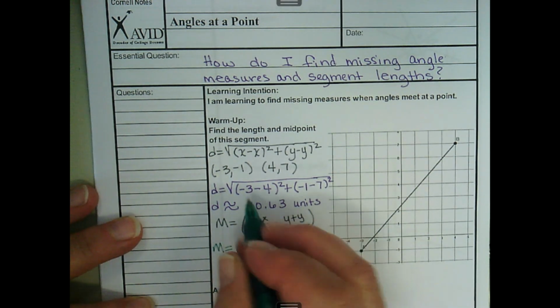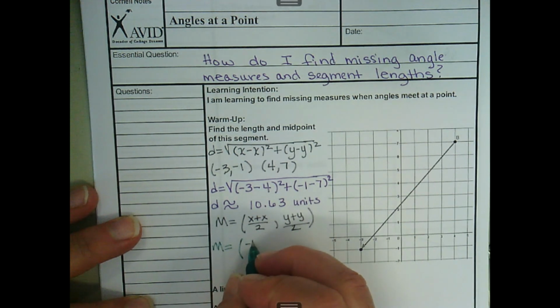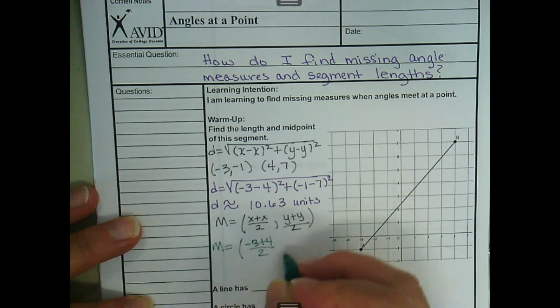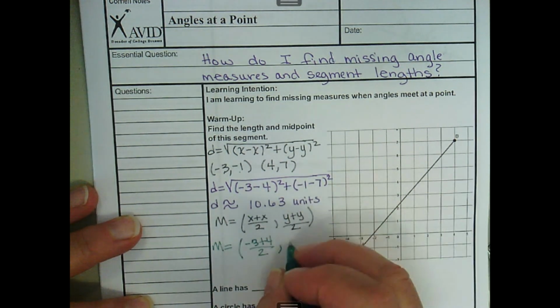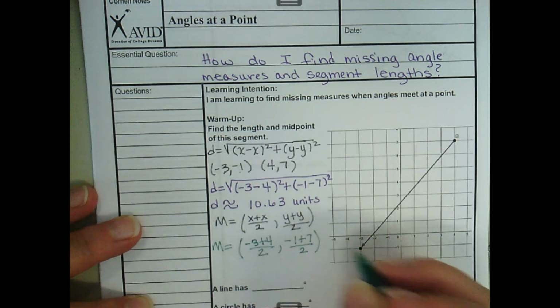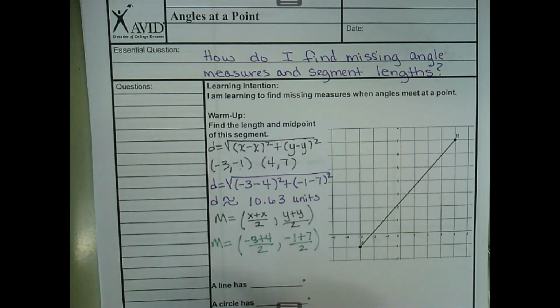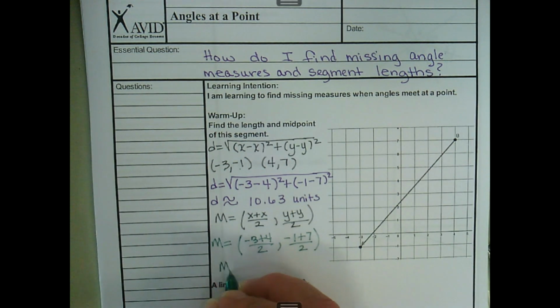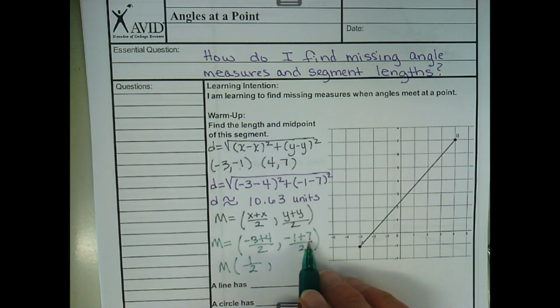Okay, so -3 plus 4 divided by 2, -1 plus 7 divided by 2. Okay, -3 plus 4 is 1. 1 over 2 is 1/2. -1 plus 7 is 6.